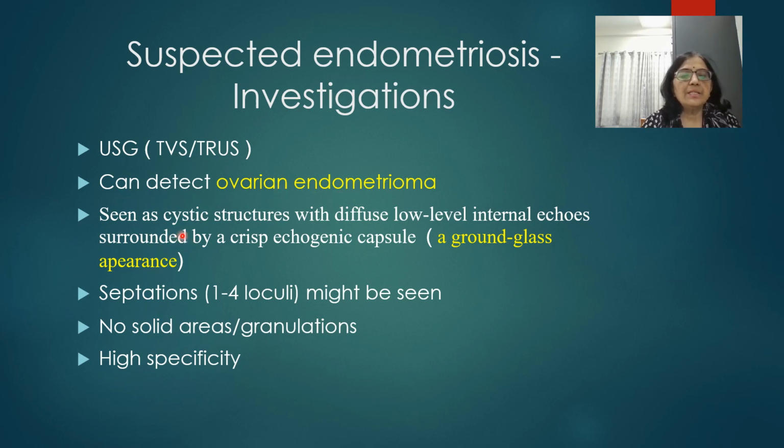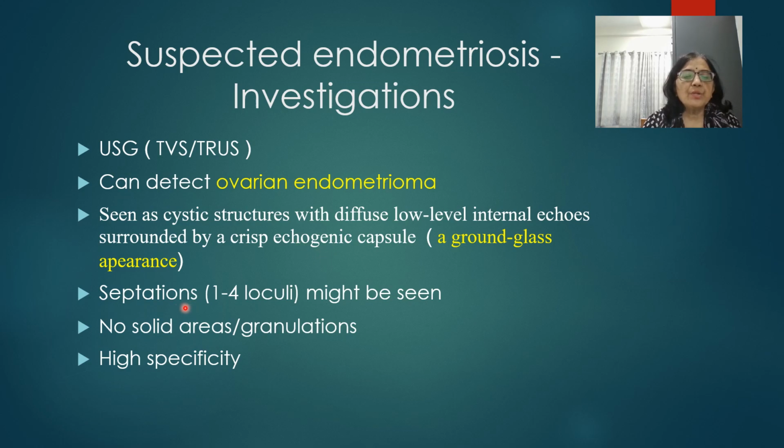How it is seen is as a cystic structure with diffuse low-level internal echoes surrounded by a crisp echogenic capsule. This low-level internal echo is classically described as a ground glass appearance of the cyst, and that is highly suggestive of ovarian endometrioma.